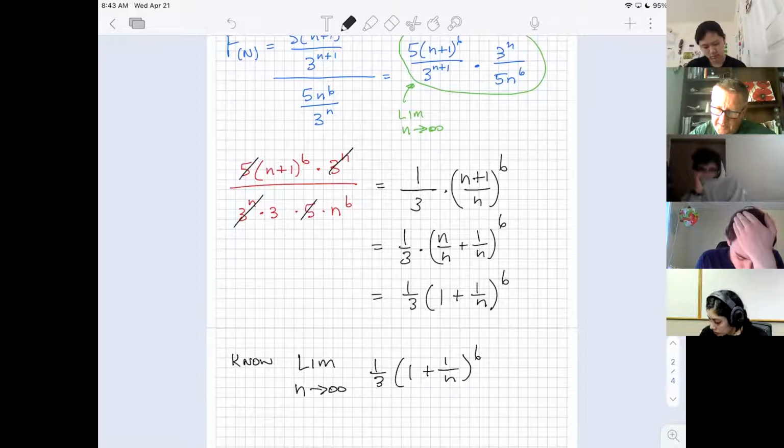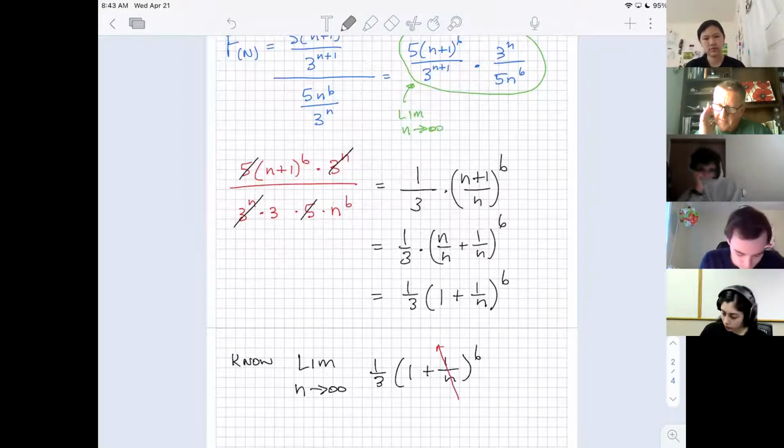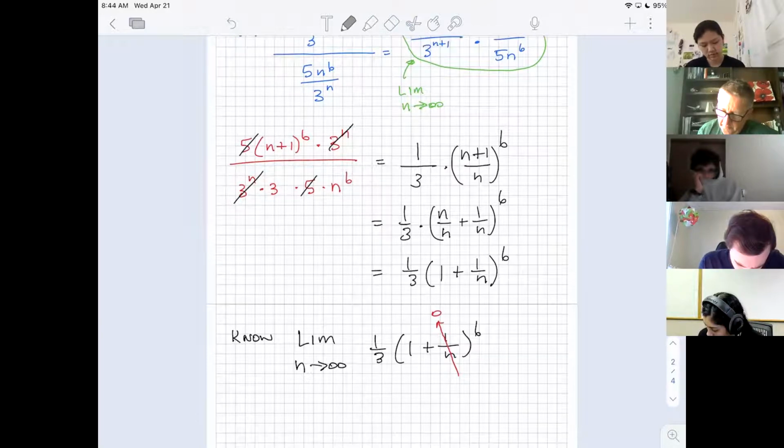So what is that statement on its way to if we let n be big? 0. Therefore, this is really like 1/3 times 1 to the 6th power. Well, 1 times itself a bunch of times is just 1. So this is actually 1/3.